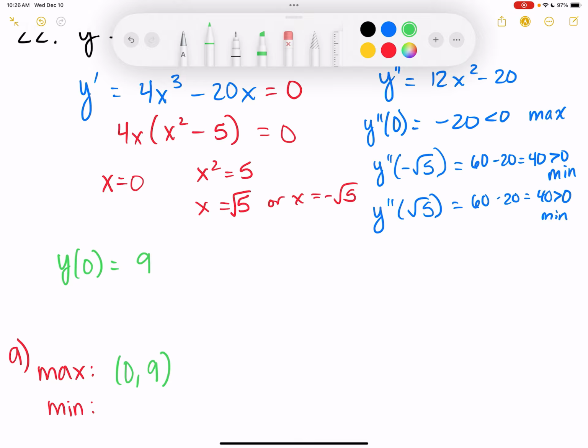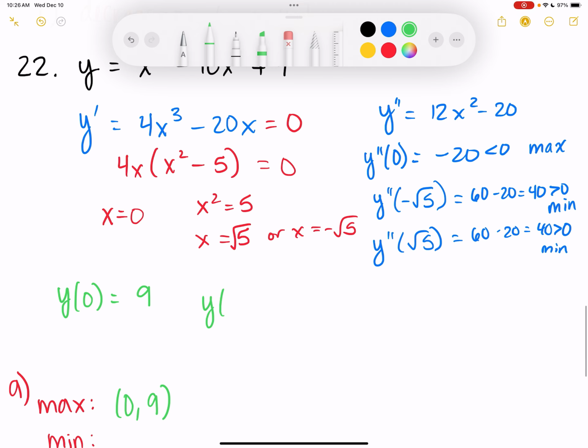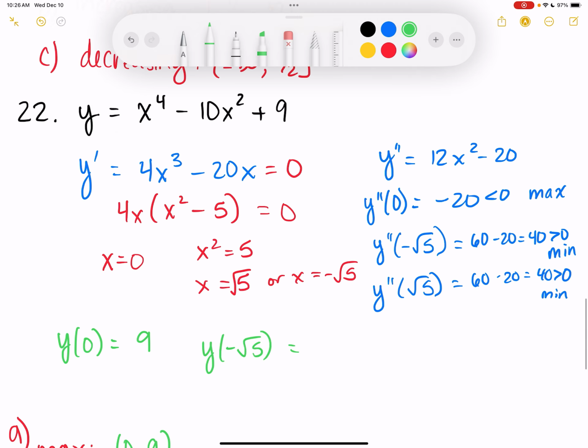And then negative square root of 5, raised to the fourth, that's just going to be 25, minus the square, that's 5 times 10, so minus 50, and then plus 9, so 25 minus 9, 16, negative 16.